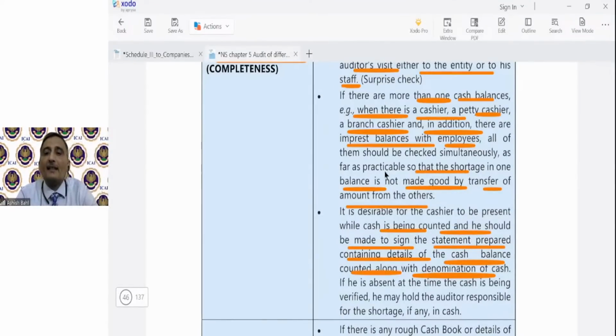He should also sign the statement regarding the physical verification of cash which the auditor has done, so that it also acts as a sort of evidence that the cashier was present at the time of verification and he agreed with that verification.